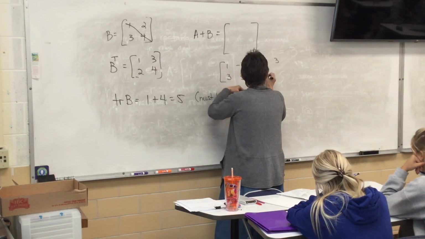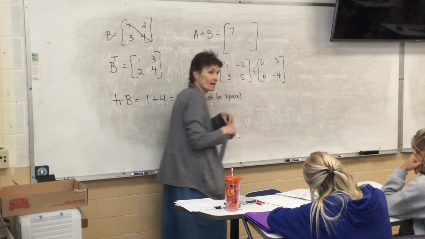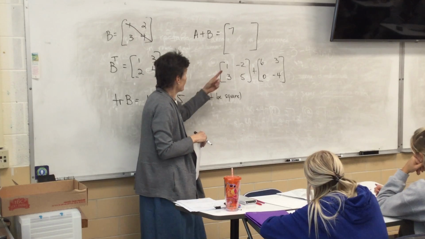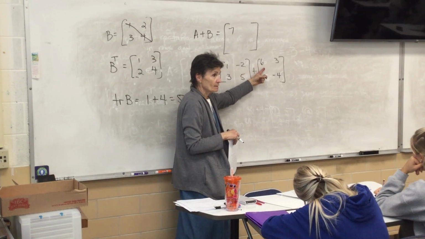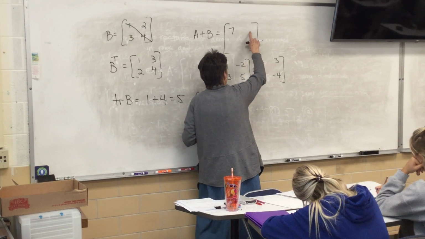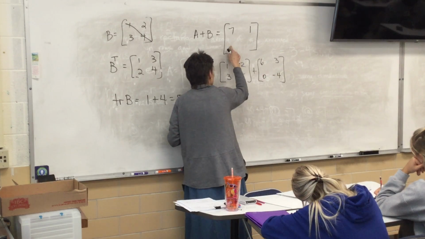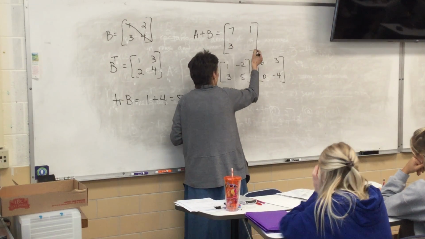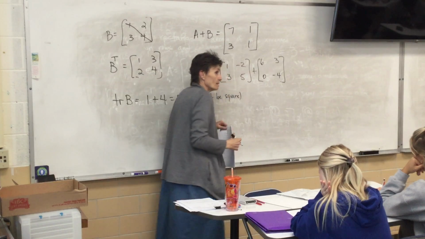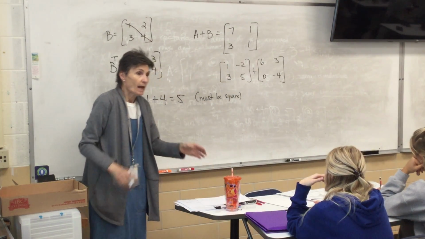I heard somebody say it, what'd you say? 7 right here, why is that a 7? Because you're adding the 1 and the 6? All right, now what's going to go here? 1, negative 2 plus 3, what's going to go here? 3, and finally, 1 again. That's the sum.